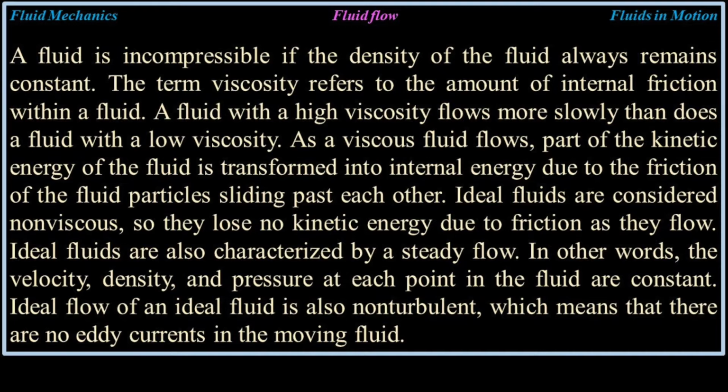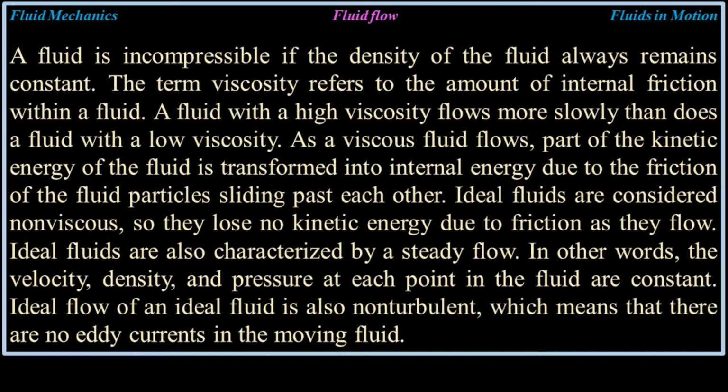A fluid with a high viscosity flows more slowly than does a fluid with a low viscosity. As a viscous fluid flows, part of the kinetic energy of the fluid is transformed into internal energy due to the friction of the fluid particles sliding past each other. Ideal fluids are considered non-viscous, so they do not lose kinetic energy due to friction as they flow.